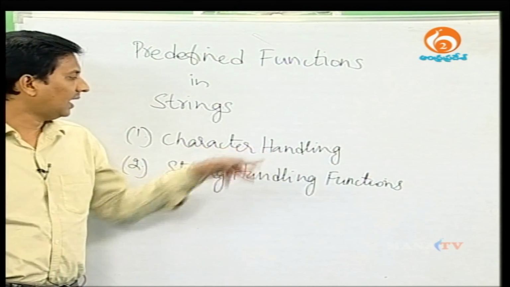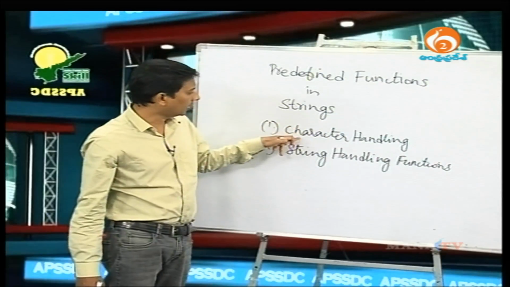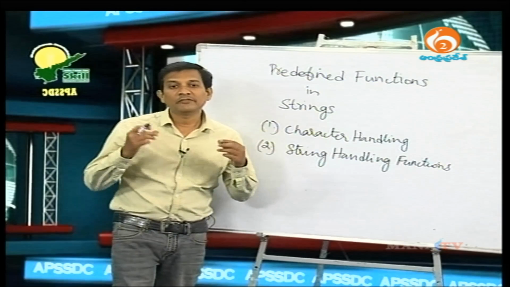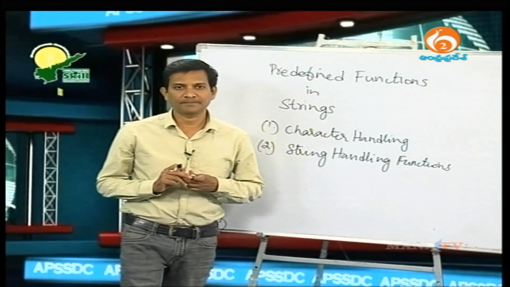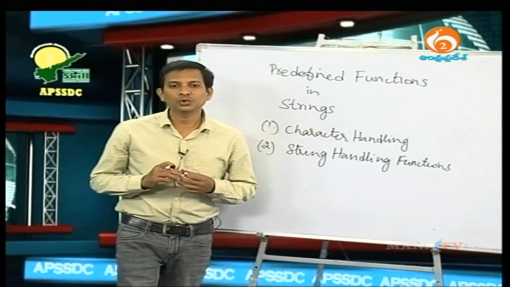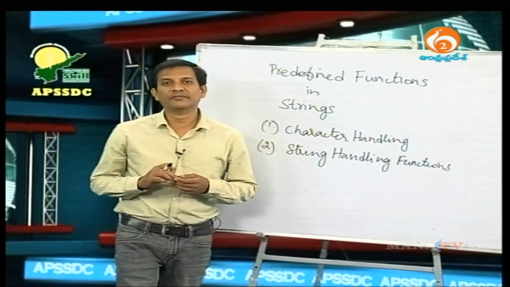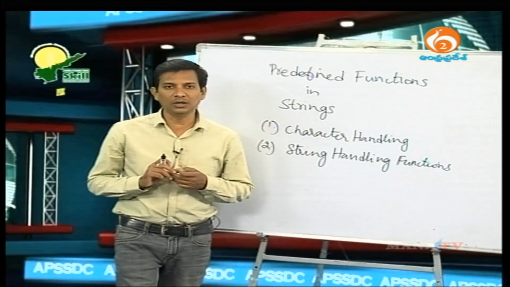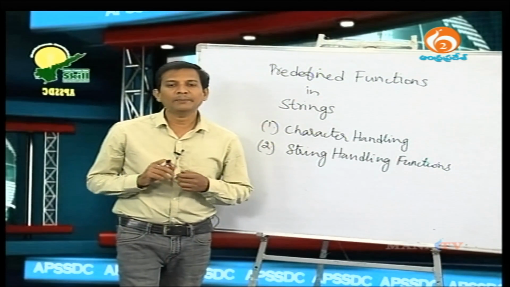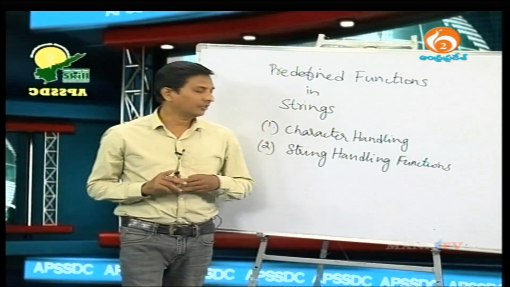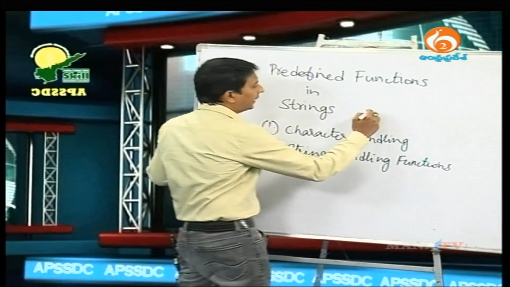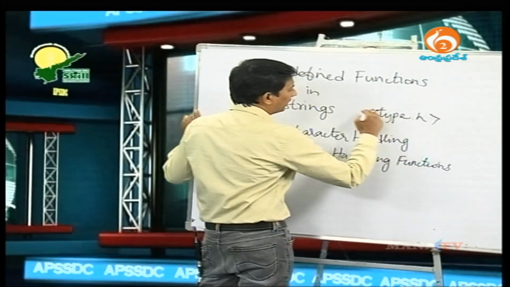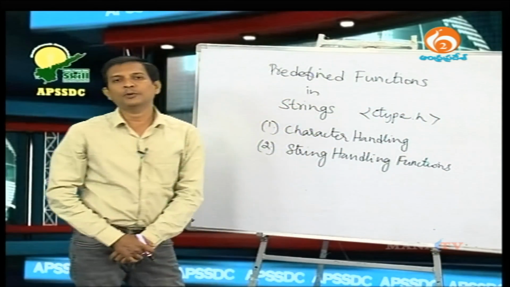Now we are talking about character handling functions. What do character handling functions mean? They perform useful tests and manipulations of character data, and they are predefined in the ctype.h header file.